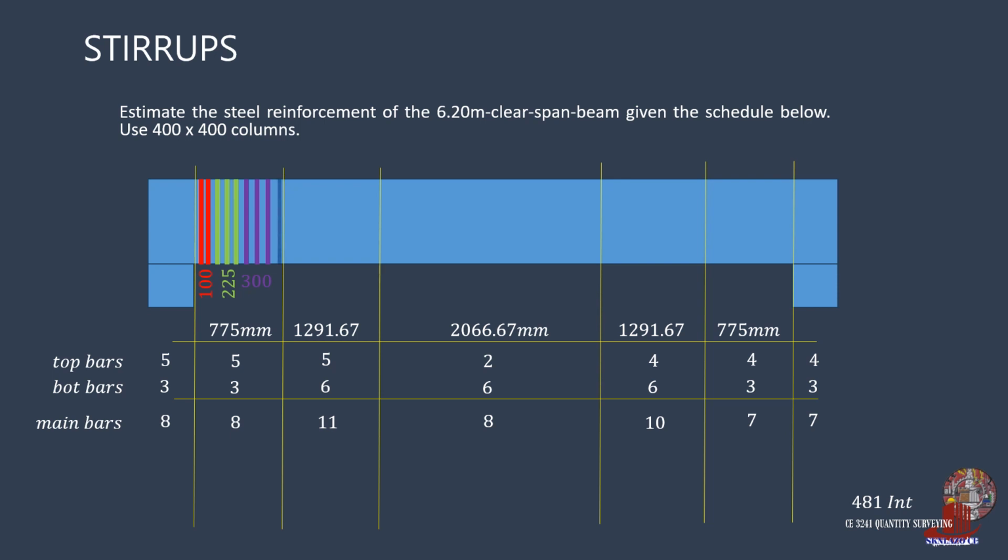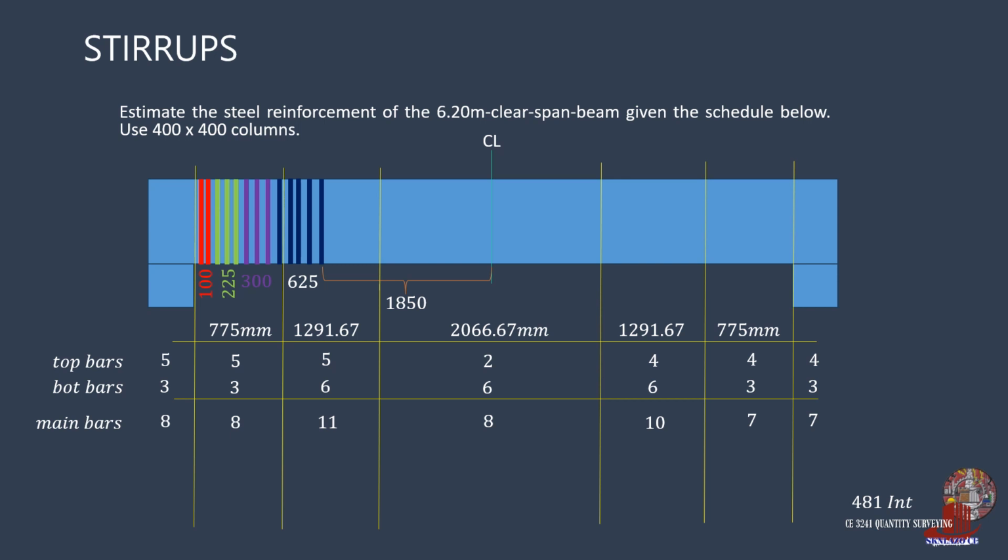The next are spaced at 125 mm, which use another 625 mm from the length. Then, reading from the beam schedule, it was written that the rest of the length uses 150 mm spacing for stirrups.